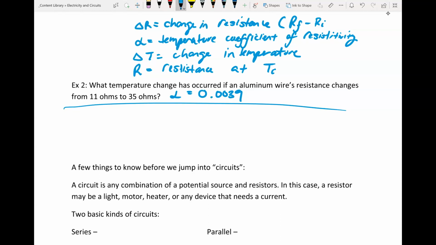I've already been given the temperature coefficient. I have the change in resistance because it went from 11 to 35 ohms. And then lastly, I need the initial resistance, which is 11.